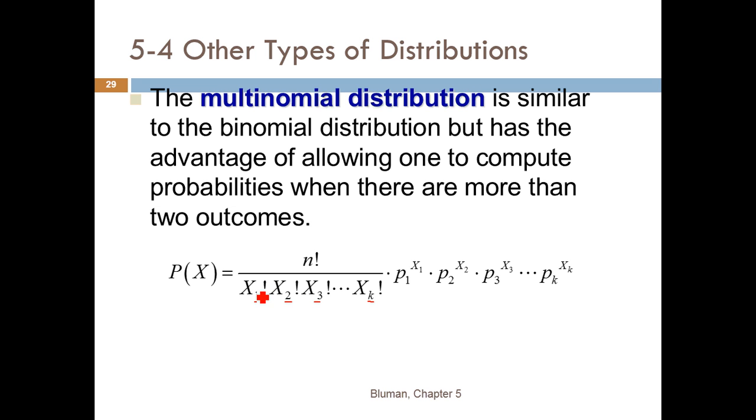You'll understand it a little bit when we look at the example. But this p sub 1 is the probability of x1. So they go together. Make sure that you understand that these subscripts, the 2, the 3, the k, just mean it could be 4, 5, 6, however high it goes, they go together. Okay?